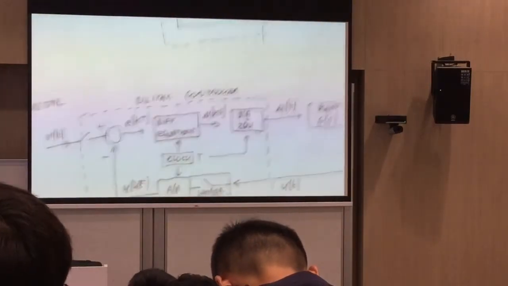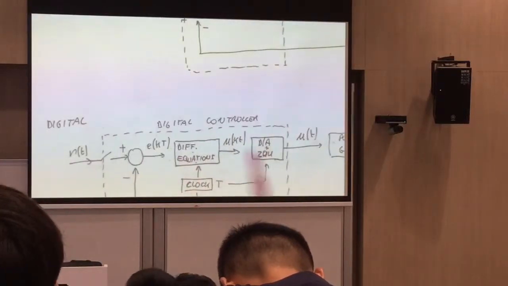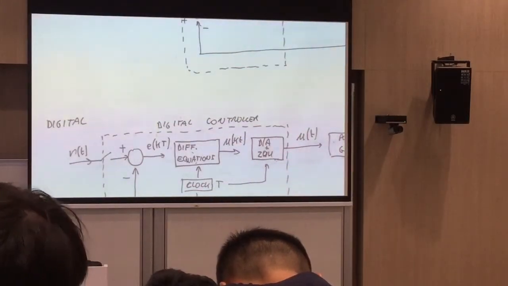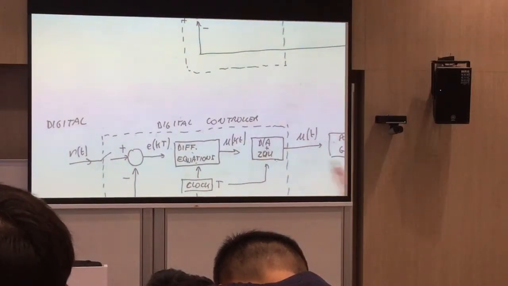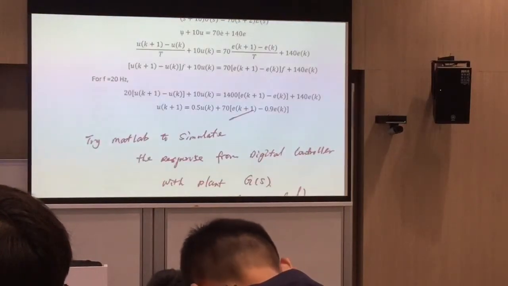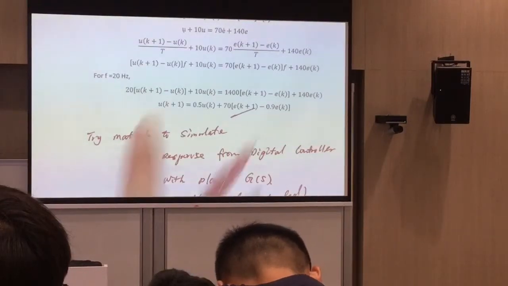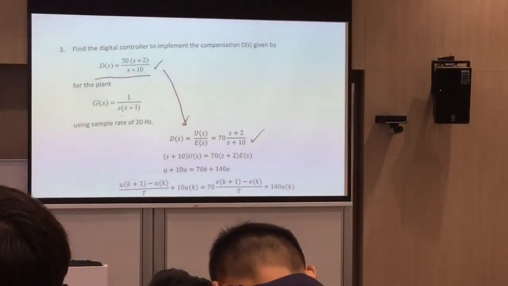Because in your MATLAB you can simulate a transfer function. Then based on the transfer function, you get your output. Then they're using the zero order hold to the plant. Then you can simulate how the time response is. So first of all, I'm going to highlight 2 things.